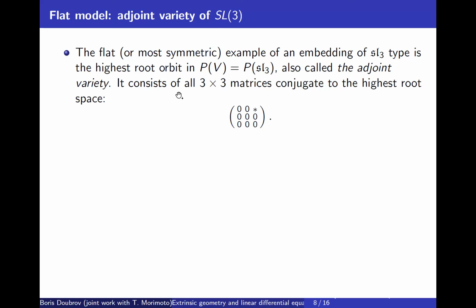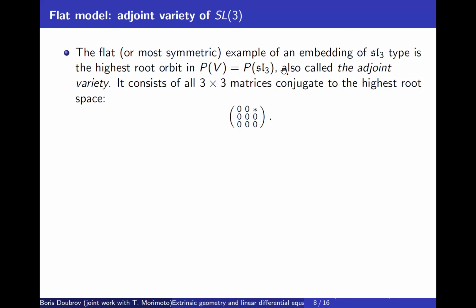So let's look at what's called the highest root orbit in PV. The group SL3 acts on V, the adjoint representation. I recall that V is the Lie algebra sl3 viewed as the adjoint representation of SL3.